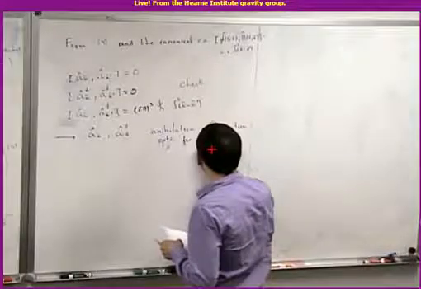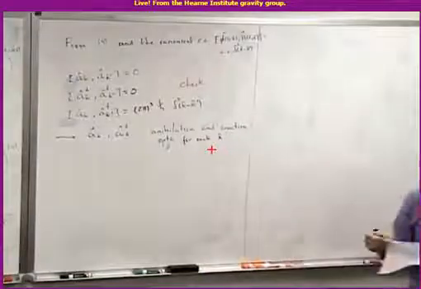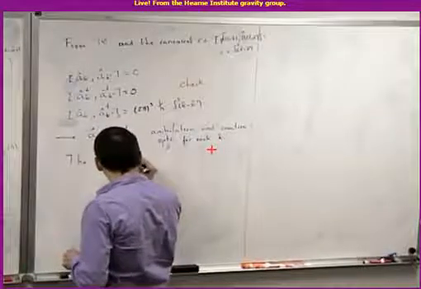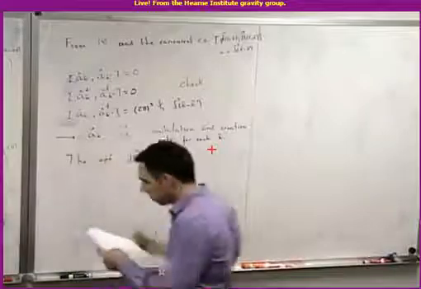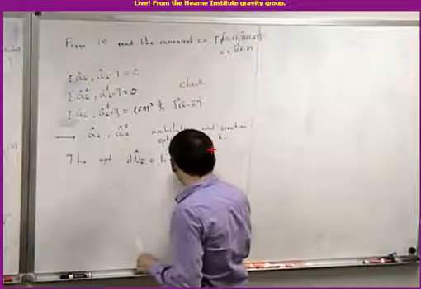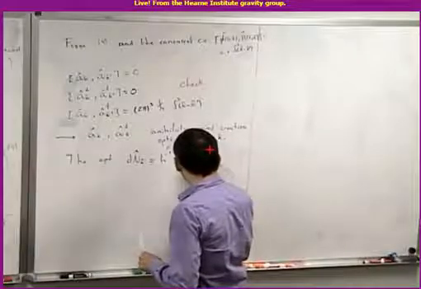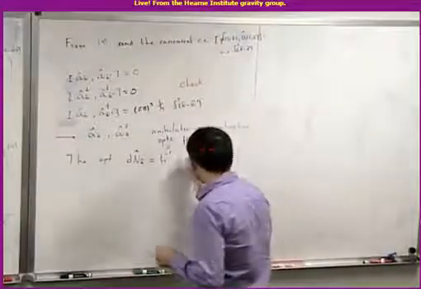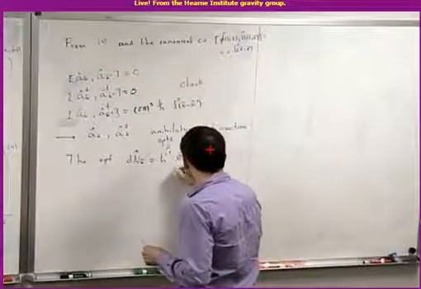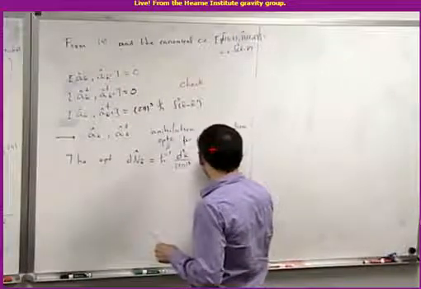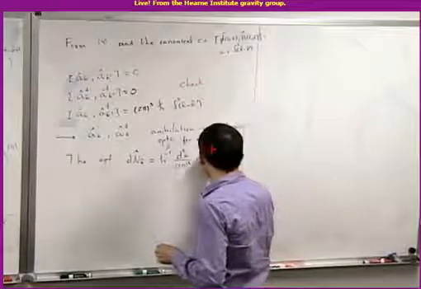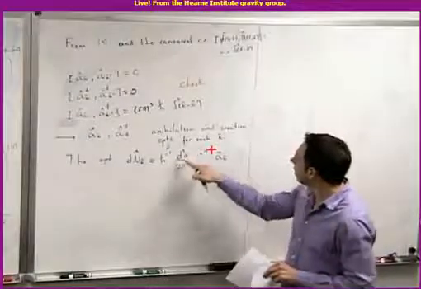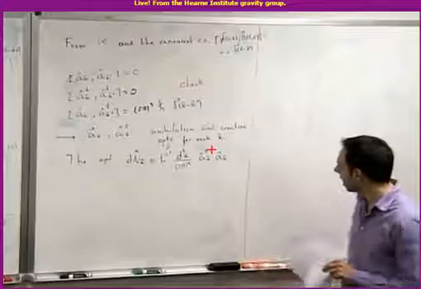For each k, we have an infinite amount of couples of creation and annihilation operators, and the operator dN_k, which I call the dN operator, is h bar minus 1 d3k, with the 2 pi factor, times a dagger k a k for the same k.